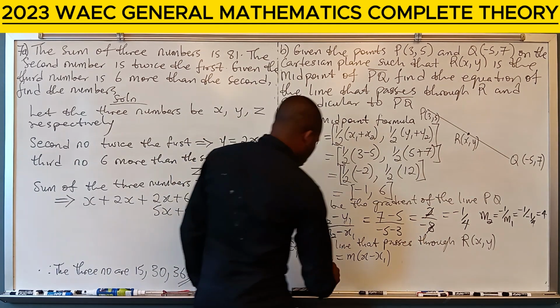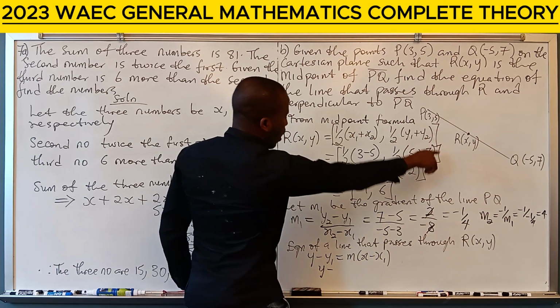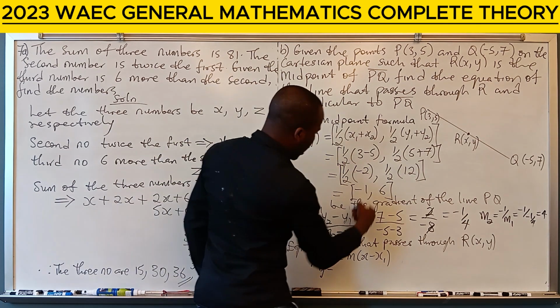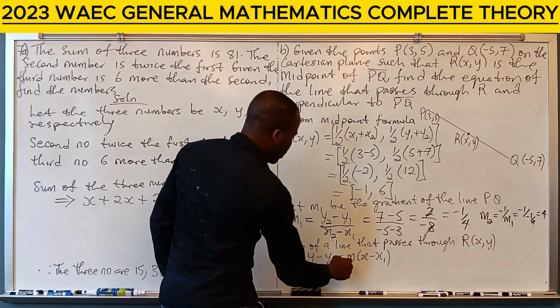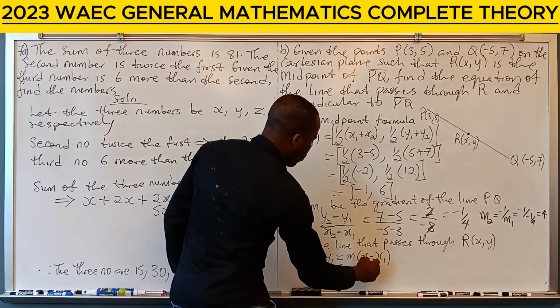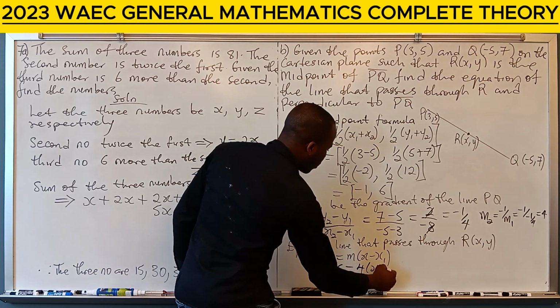So this will be y minus our y1, and x1 will be the coordinate of R, where our y1 is 6, our m is 4, x1 is minus 1, which is plus 1.